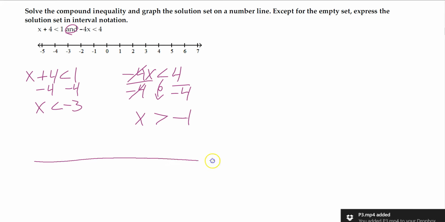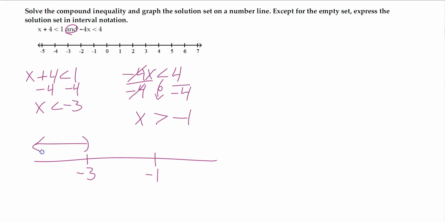All right, so on a quick sketch number line, negative 3 is on the left. Negative 1 is on the right. X is less than negative 3. That would be all of these numbers. X is greater than negative 1 would be all of these numbers.